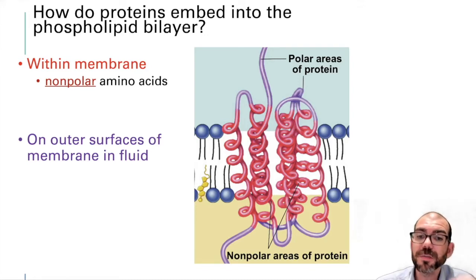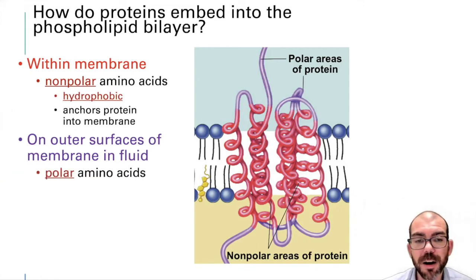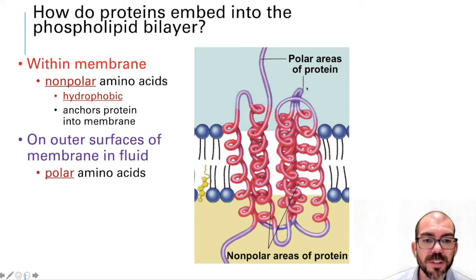It can be polar to facilitate the movement of polar particles. The outside of the protein, similarly, needs to be polar. By being polar, it's able to anchor to the polar phosphate regions of the phospholipids. So the outside of proteins mirror the cell membrane, polar on the outside, nonpolar on the inside. However, the inside of the transport protein can be polar or nonpolar based on what material it's carrying.